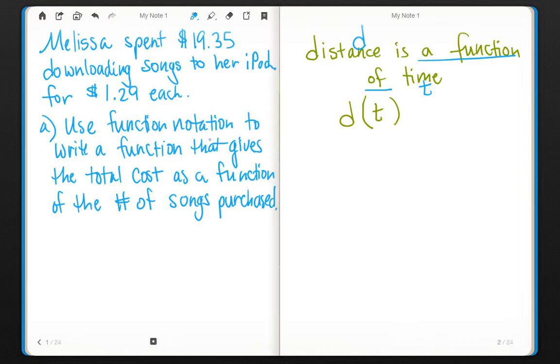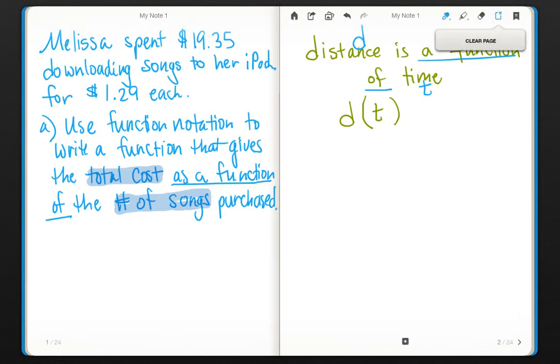So use function notation to write a function that gives the total cost, so we've got cost, as a function of the number of songs purchased. And notice here, as a function of. That's going to be a real key thing.